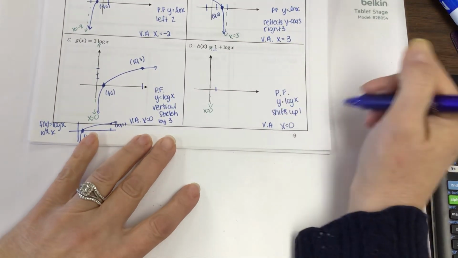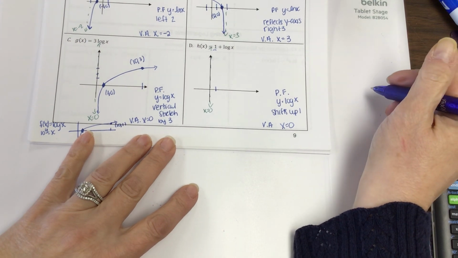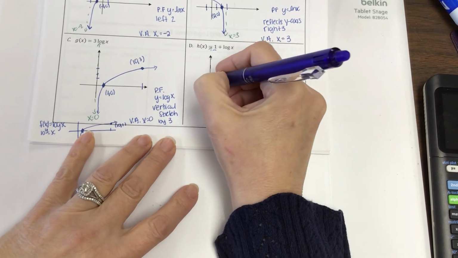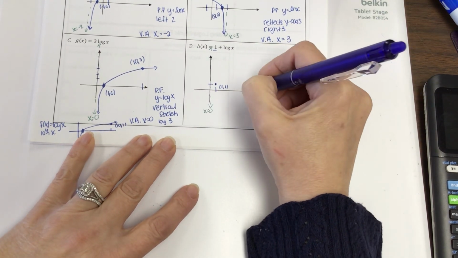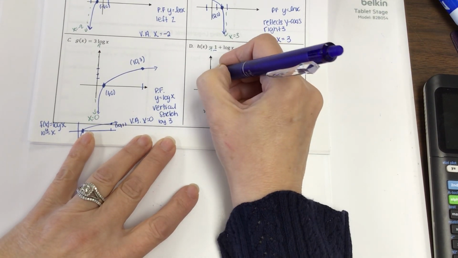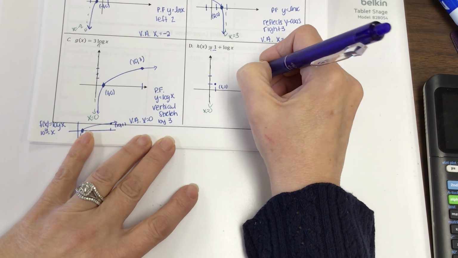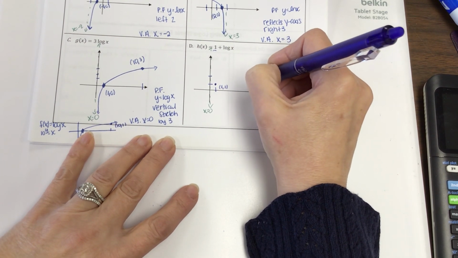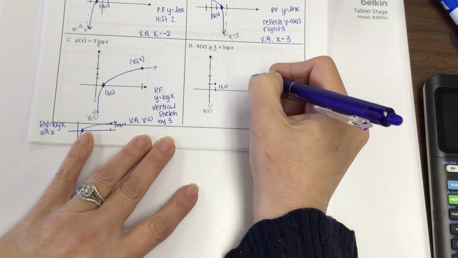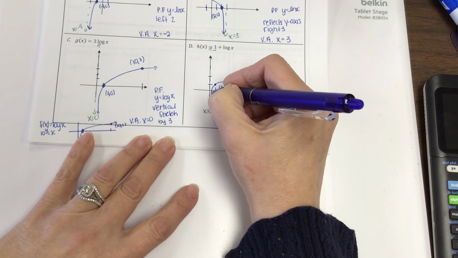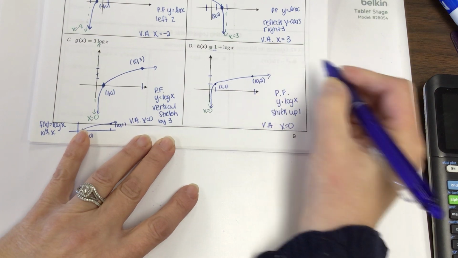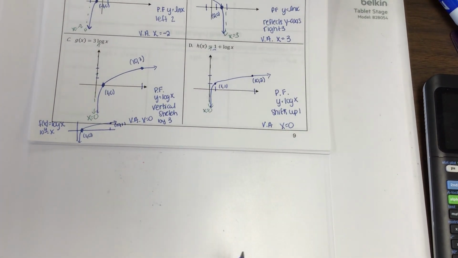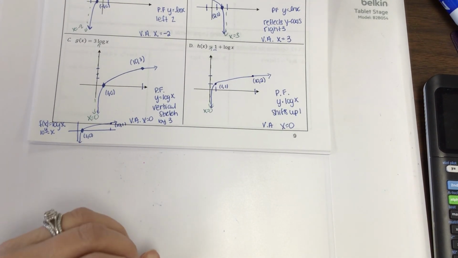My point that's normally at 1, 0 is shifted up 1 to 1, 1. And the point that's normally out there at 10, 1 is now shifted up 1 and would be at 10, 2. So this is still going to go down and to the right, or down into the left towards 0 and up and to the right, correct?